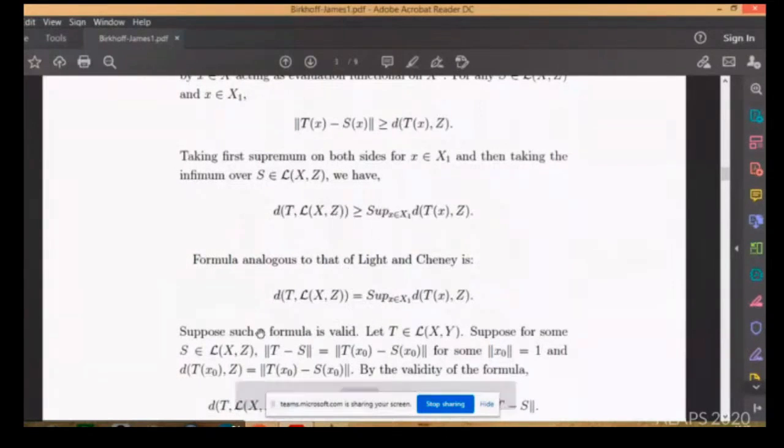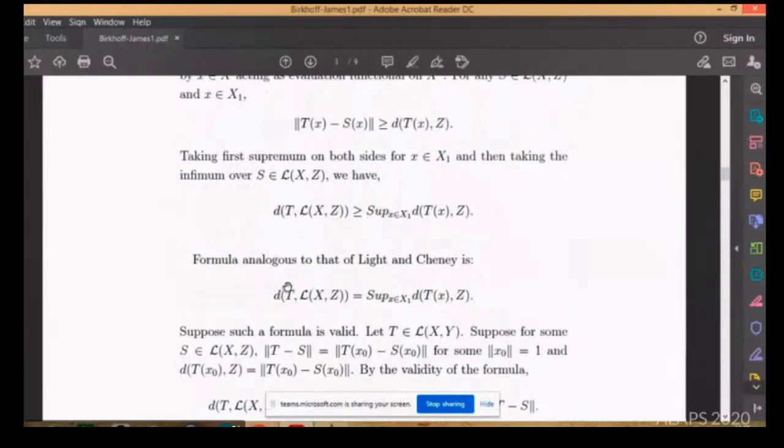You realize that the distance between T and the subspace of operators L(X,Z) is bigger than or equal to the supremum over the unit ball of the distance between the vector T of x and the subspace Z.